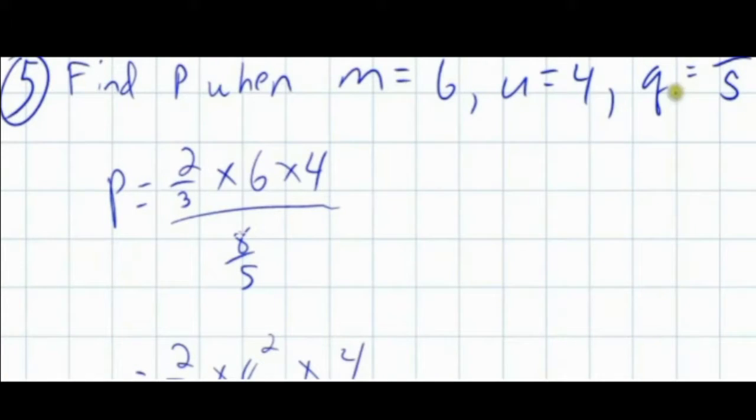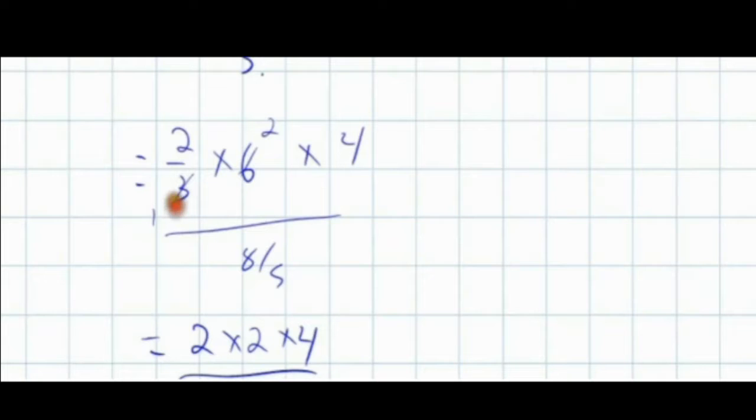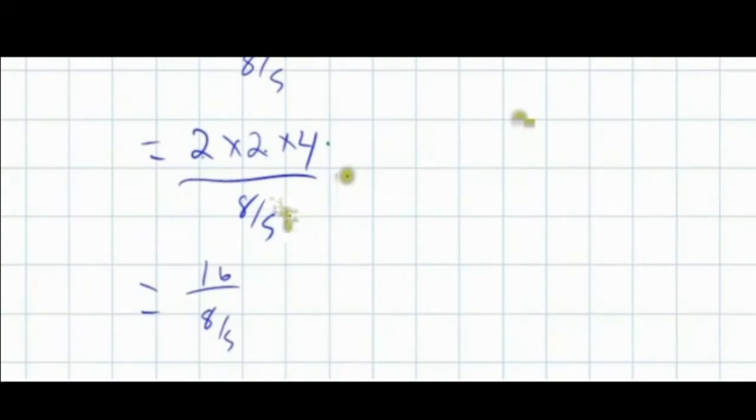Lastly, the final question that they ask us is find the value of P when M is equal to 6, U is equal to 4, and Q is equal to 8 fifths. So keeping my value of K in here, I plug in my other values, and then I start to solve for P. So 3 reduces to 1, and 6 reduces to 2, and I'm left with 2 times 4 on the numerator over 8 fifths.